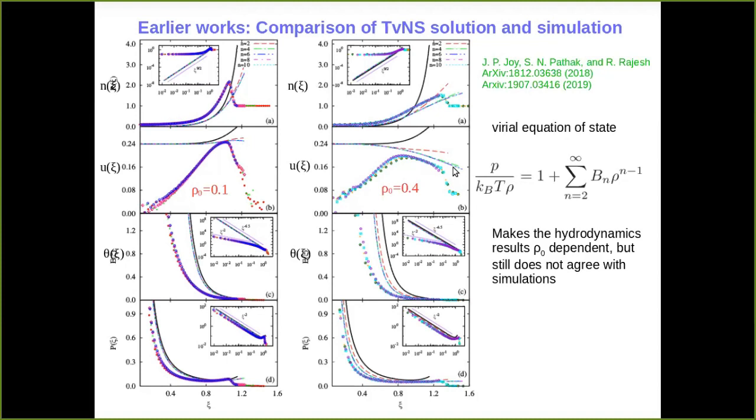But one thing they achieved is that now the scaling solution, or the hydrodynamic solution, depends on the ambient density. You can see the scaling hydrodynamic solution is different for different rho naught. But still they cannot capture the simulation result. They are far away from the simulation result.